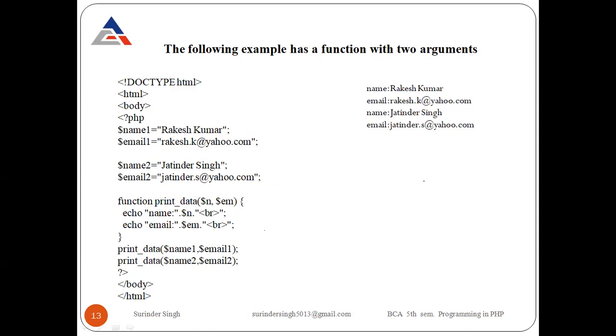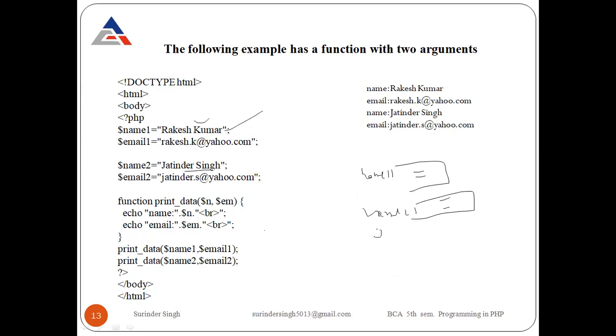Okay, in this example we have created the name 1 variable. Okay, this has some value. We have created the name 2 variable, and it has some value like Jitinder Singh in name 2, and in name 1 we have Rakesh Kumar.